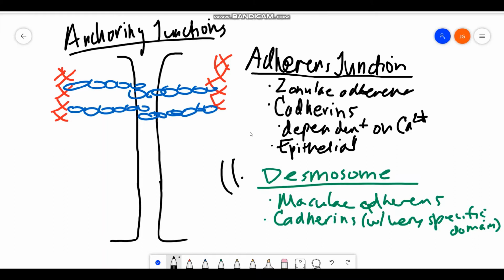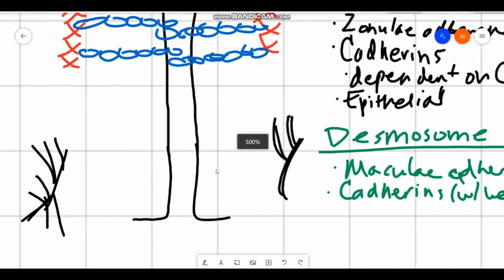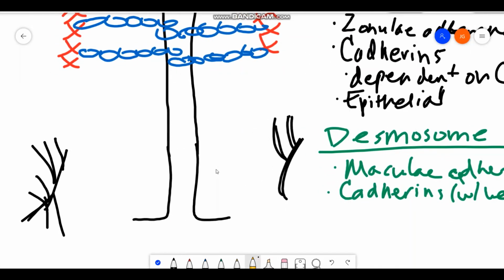So you're going to have your intermediate filaments, just as you have your actin up here. I don't think they're actually going to look like that in this order, but the point is that they will bind to intermediate filaments. You're going to have actually very specific proteins binding to them. So let me see if I can zoom in a bit.